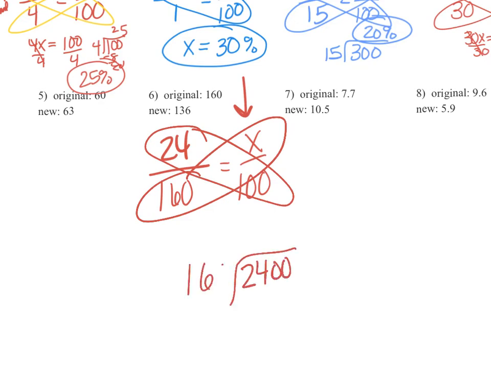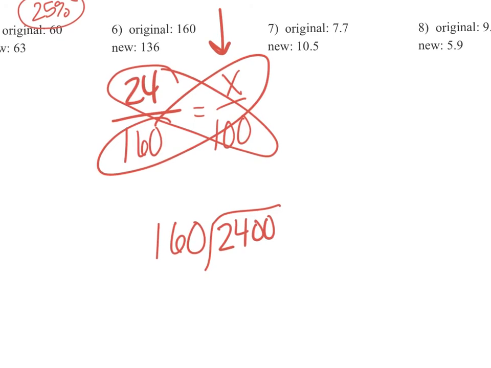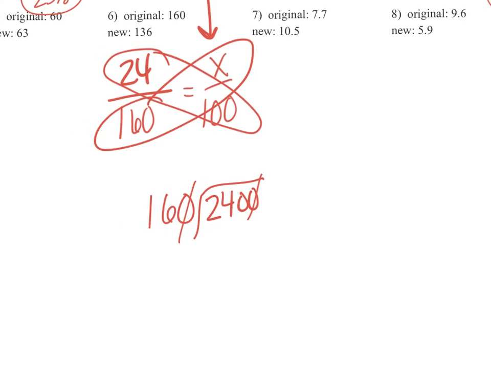2400 divided by 160. And since both of those numbers end in zeros, I'm going to knock those two off just to make it a little bit easier. And then 16 will go into 24 one time.